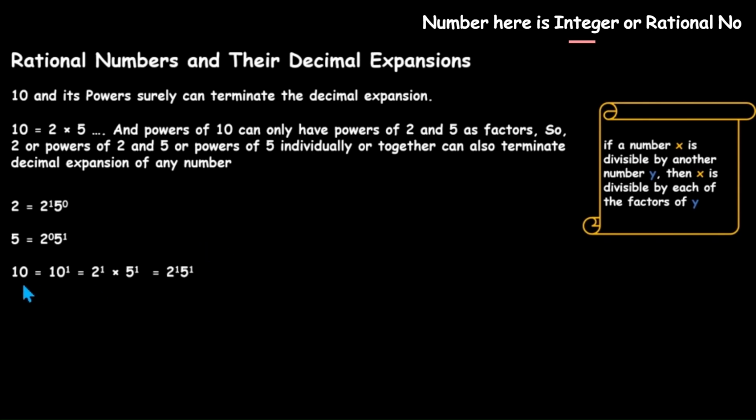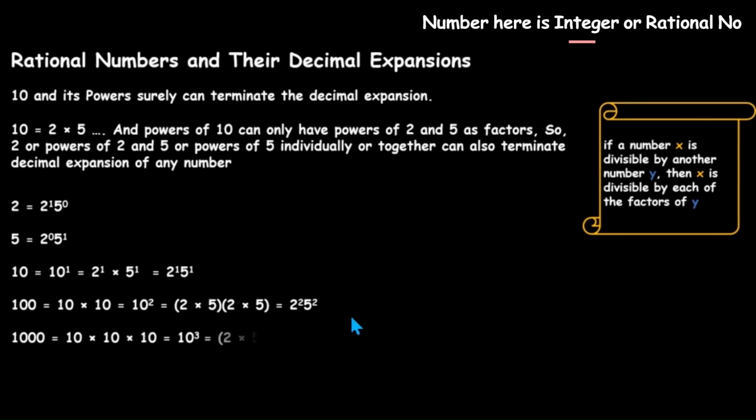And we know 10 can terminate the decimal expansion of any number, so it can be written as 2 power 1 into 5 power 1. Similarly, 100 is 10 into 10, which is a power of 10, 10 square, and can be written as 2 into 5 into 2 into 5, so 2 power 2 into 5 power 2.